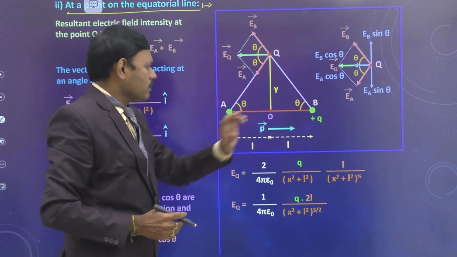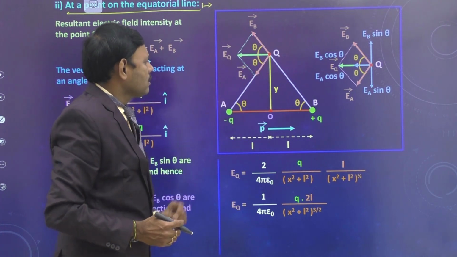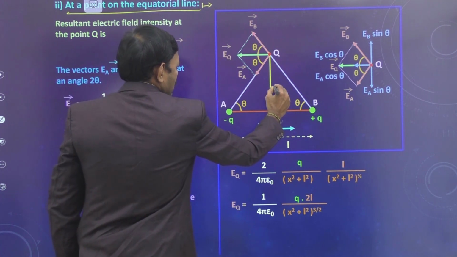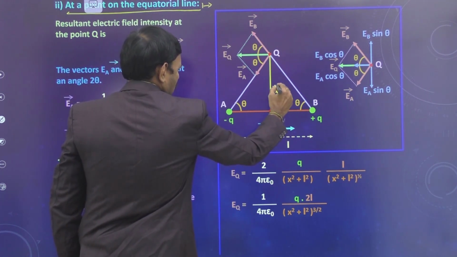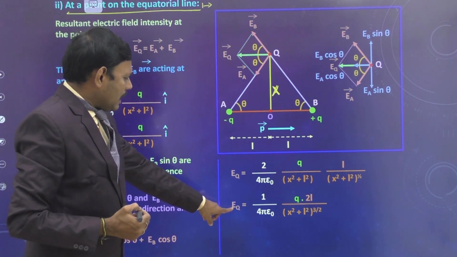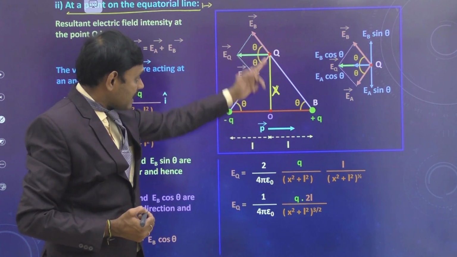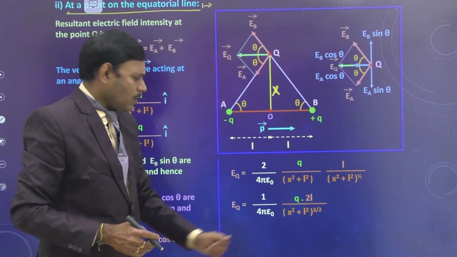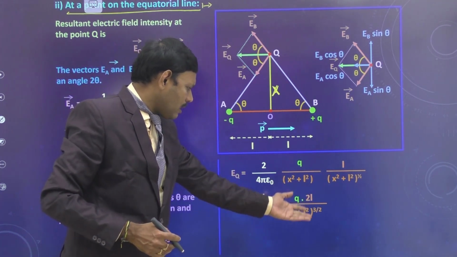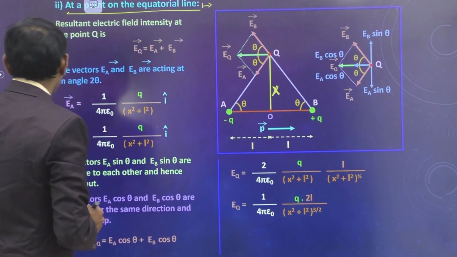Due to this dipole, at a point on the equatorial line at a distance x from the center of the dipole, the electric field at point Q is 1 by 4 pi epsilon naught, q into 2L by (x square plus L square) whole power 3 by 2. q into 2L is the dipole moment.